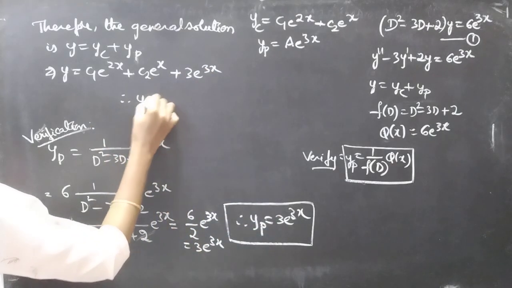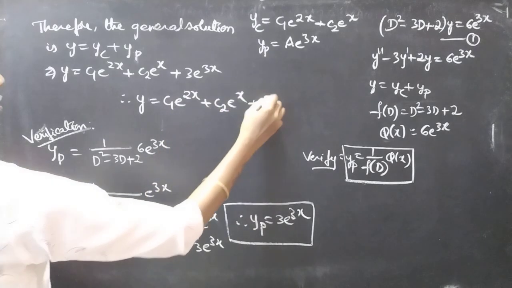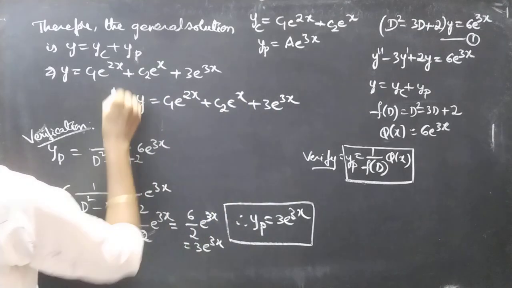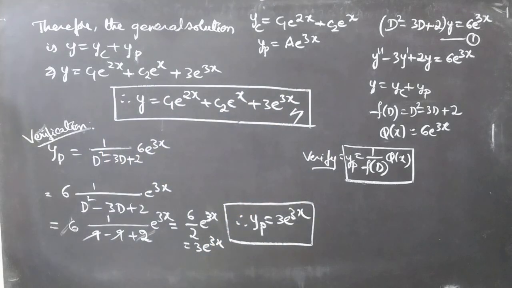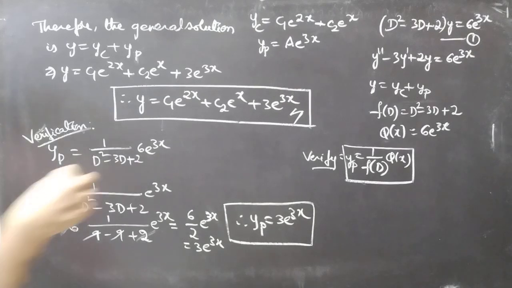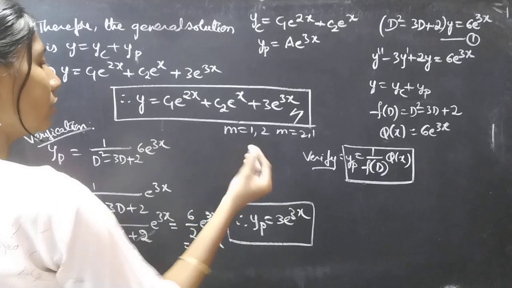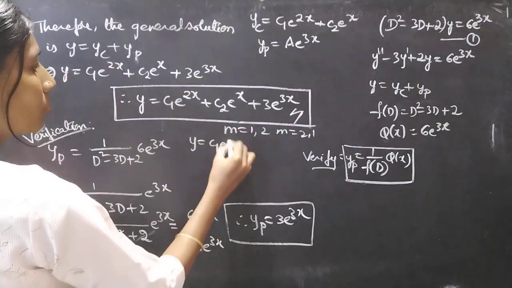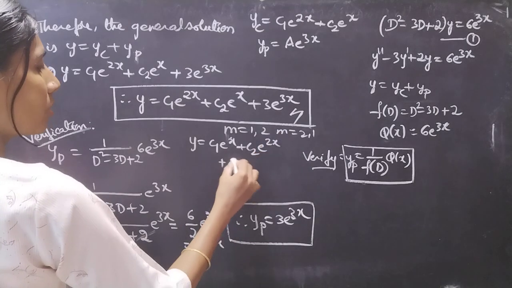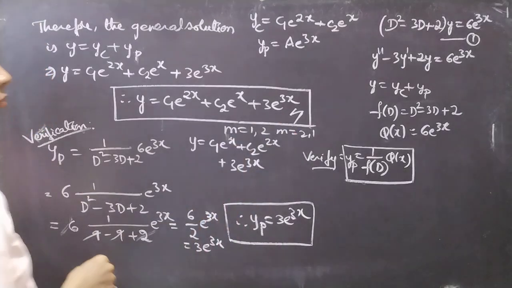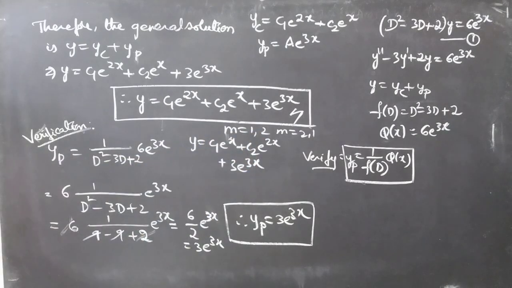Therefore, y equal to c1 e power 2x plus c2 e power x plus 3 e power 3x is the required solution to our problem. If you take m equal to 1, 2 instead of m equal to 2, 1, then the solution will be y equal to c1 e power x plus c2 e power 2x plus 3 e power 3x. I took 2 as the first root and 1 as the second root.